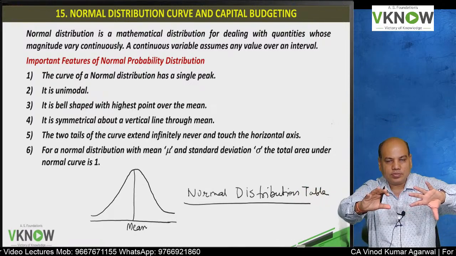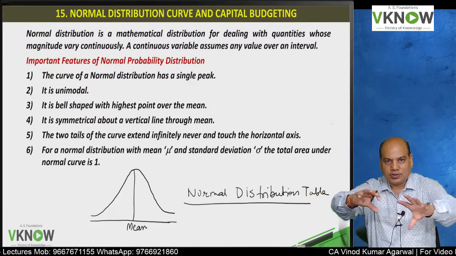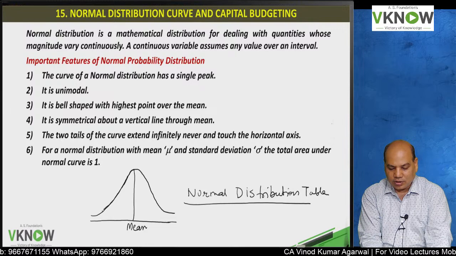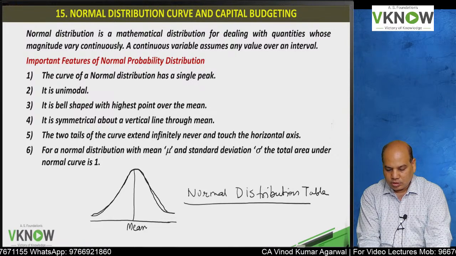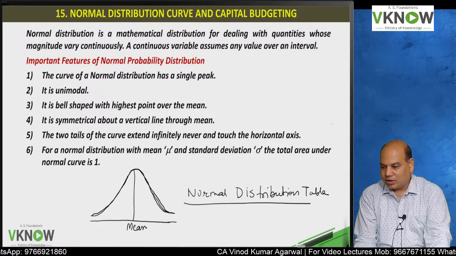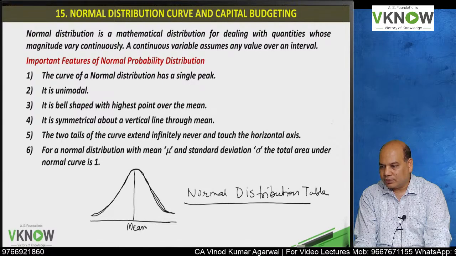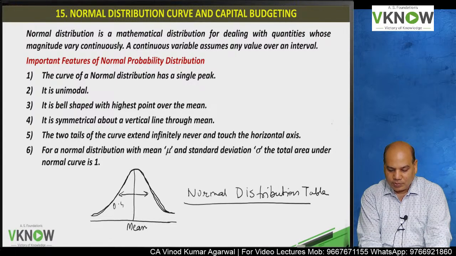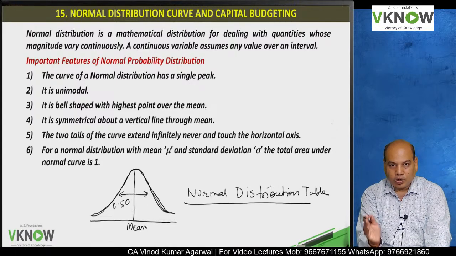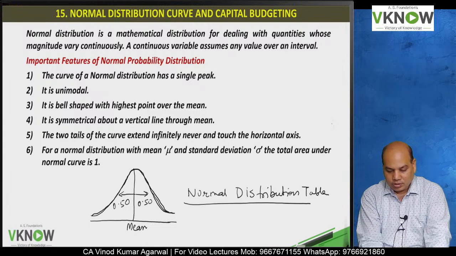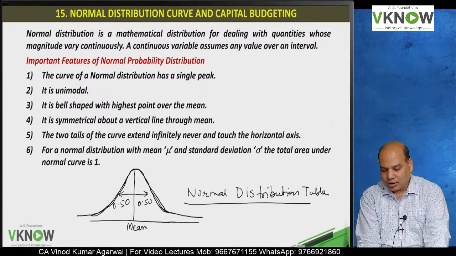Normally distributed means some portion of the data is below the mean, some portion of the data is above the mean, and it looks like a symmetrical bell shape curve and both sides are symmetrical. 50% of the data fall below the mean and 50% of the data fall above the mean. This tail will not touch the x-axis, but it will extend infinitely.